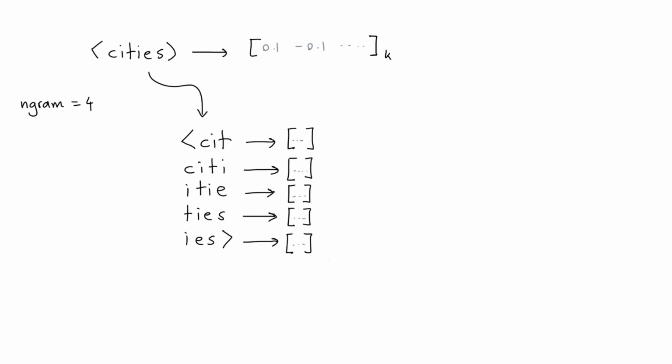But one thing that's nice is that we don't take the original token and map that onto a vector. Instead, we take all of these subtokens that we've trained for, and then just add them together to get to our final representation for the word cities.